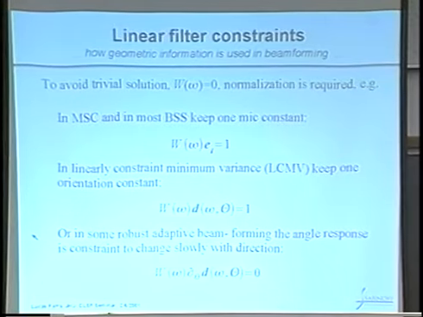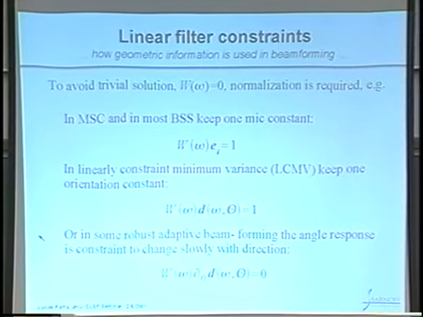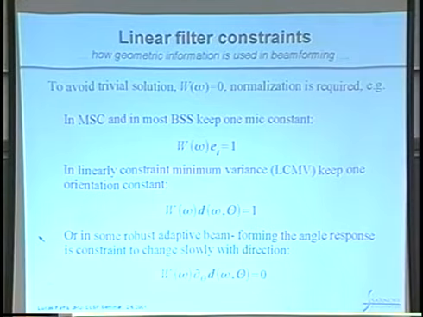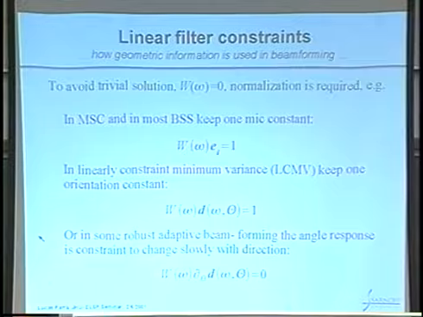Other than that, I'm going to minimize power. So everything coming from other directions is going to get minimized. I'm going to place a 0 wherever the interference is coming from. But where my user is, I'm going to get constant power. That is enforced by a simple linear constraint where you say that the filter times the array vector is constant. So while you do your power optimization, you enforce this linear constraint. It's a very simple thing to do.